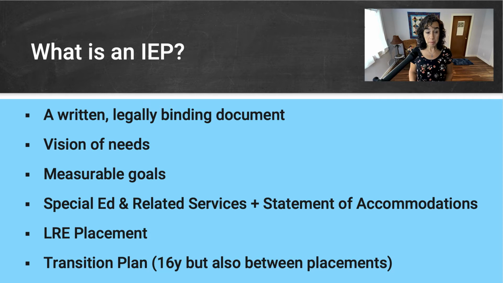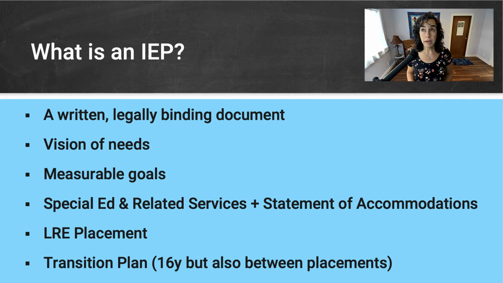Also in an IEP are special ed and related services and any accommodations that a student would get. So the special ed is, where is the placement? What sort of classroom at what school? The related services, as I said earlier, includes OT, but it may also include other services that are on top of their special ed placement. And then there's the statement of accommodations.